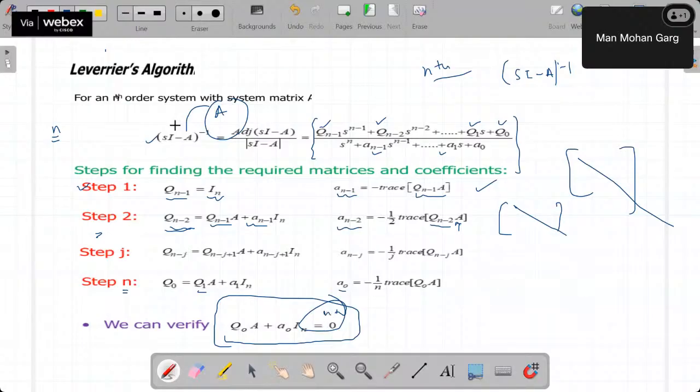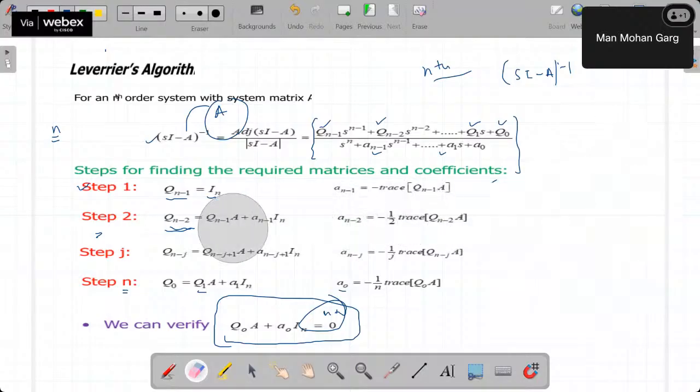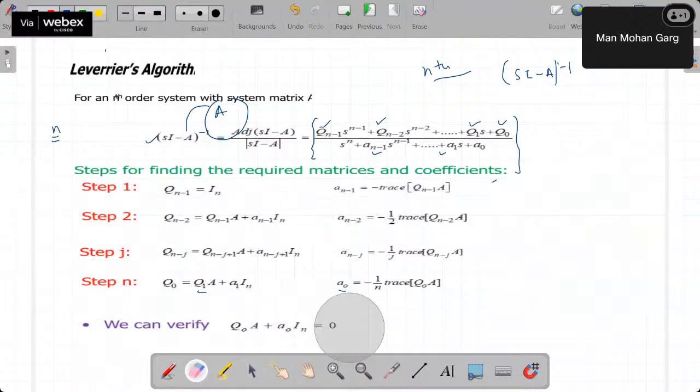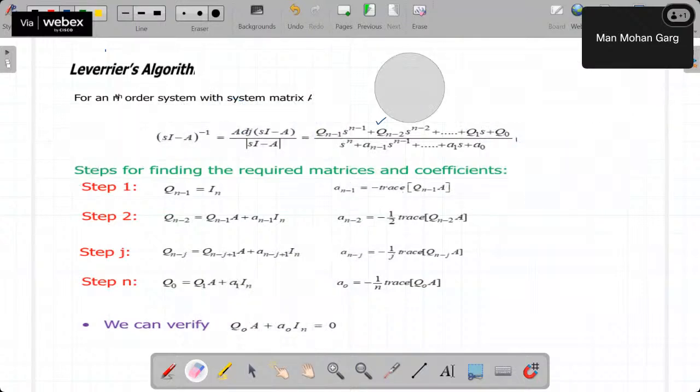Now let's say if we have only second order, then how many steps will be there? For second order, there will be two steps only, n equal to 2. So step 1, you put n equal to 2 here. What will be the Q1?